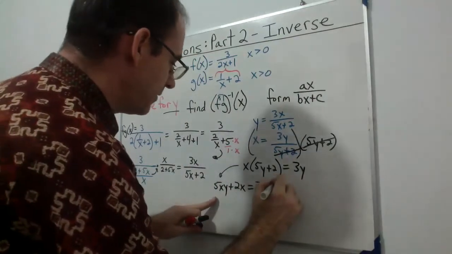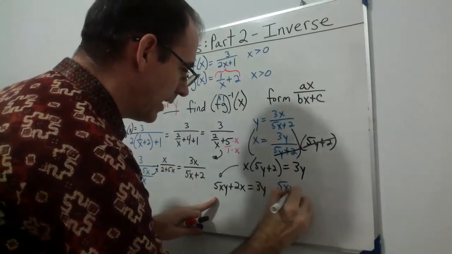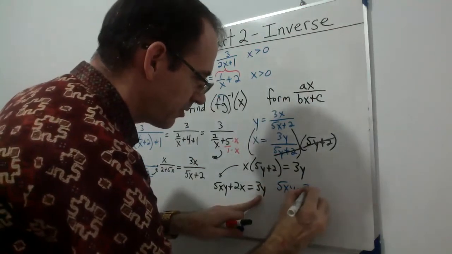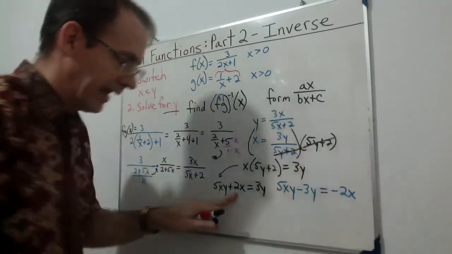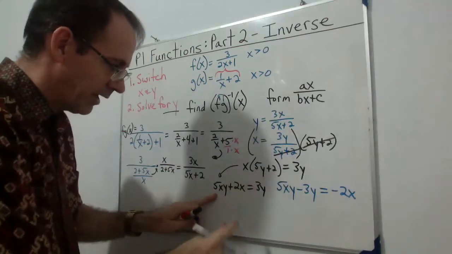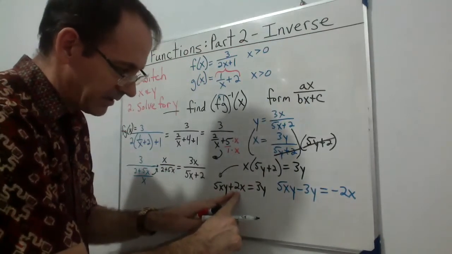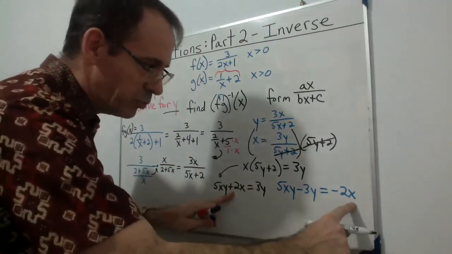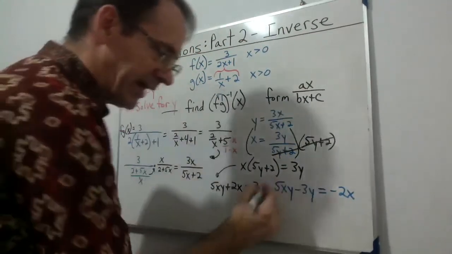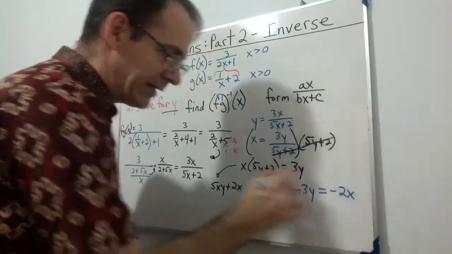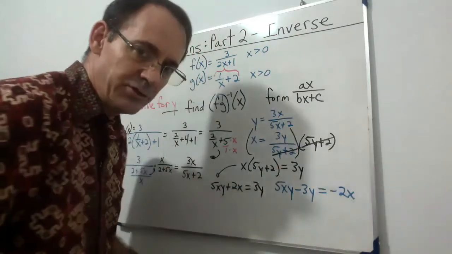So what we end up with is 5xy minus 3y equals negative 2x. This one doesn't have a y in it, so it gets moved over. This one does have a y, so we move it to the left side. That way the terms that have y in them are on one side, and the terms that do not have y are on the other side.